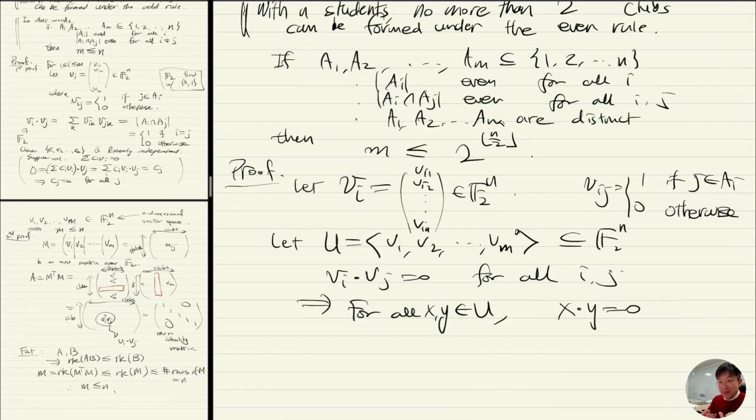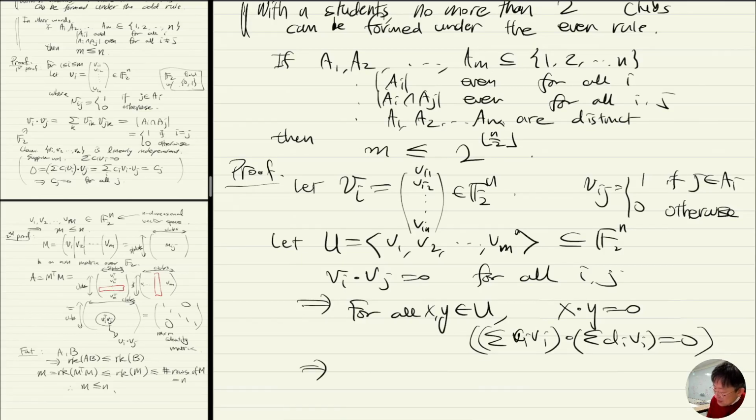So any linear combination of the vi will work the same way. x is spanned by them, so x is the sum of ci vi and y is the sum of di vi, but their inner product is going to be 0.